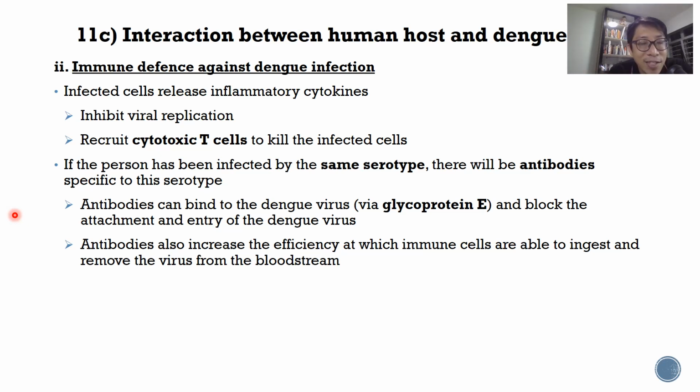So if we are infected by, say, serotype E1, for example, the next time we are infected by E1 again, we have antibodies against this particular serotype of dengue virus, which would be able to bind to the virus, particularly on the glycoprotein E, to block infection, block attachment and block the entry of the virus. Okay, so we do have some defense against infection.